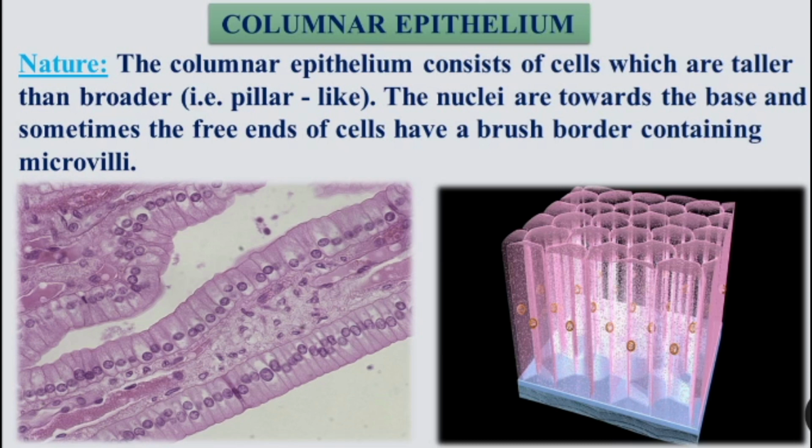Nuclei are towards the base, and sometimes the free ends of cells have a brush border containing microvilli. It looks pillar-like, taller than broad, and the nuclei are towards the base.